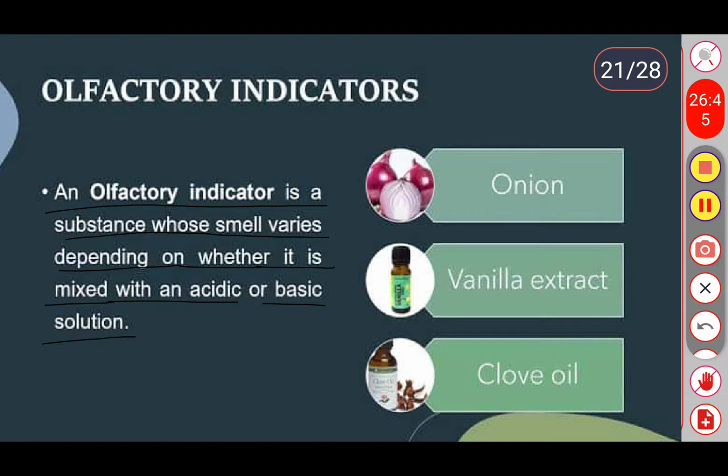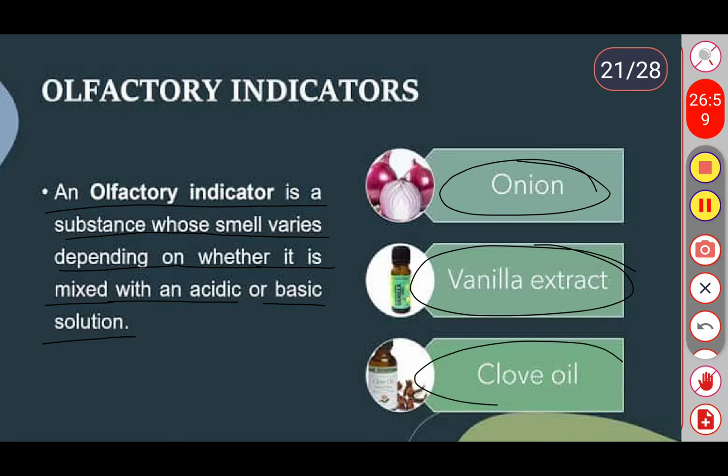Some examples of these olfactory indicators: first one is onion, second one is vanilla extract, third one is clove oil. So these are the three examples of olfactory indicators.